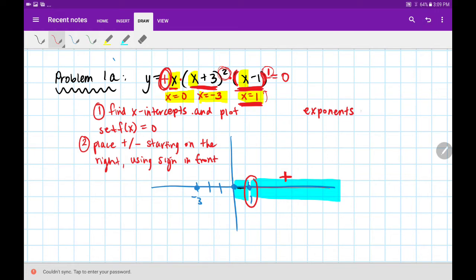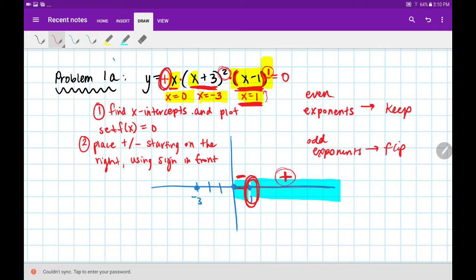So let's see. If the exponent is even, we keep the same sign. If the exponent is odd, we flip the sign. In this case, at 1, I'm looking over here, and I'm noticing that my exponent is odd. That means I'm going to flip the sign. So here, between 0 and 1, I'm no longer positive, I'm going to be negative. I'm flipping it.